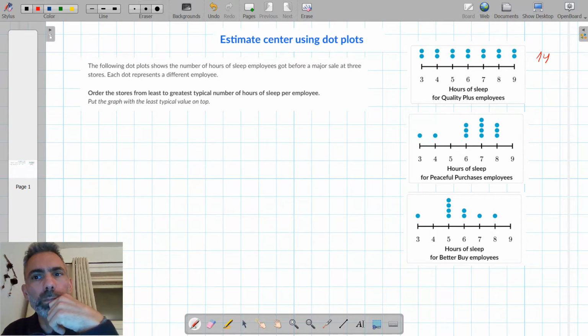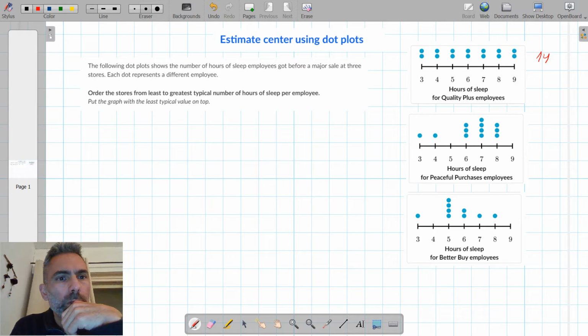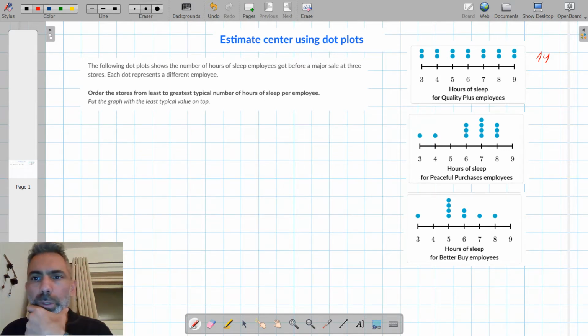So here the middle is not obvious. What are the stores from least to greatest typical number of hours of sleep per employee?